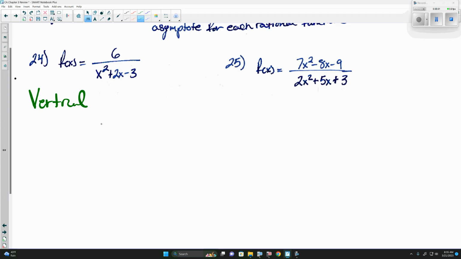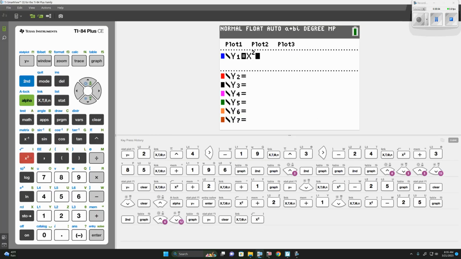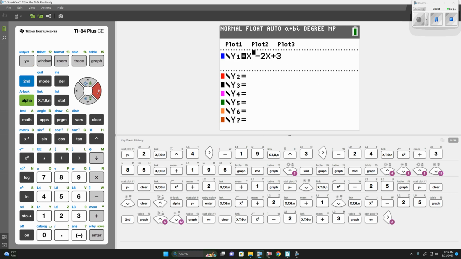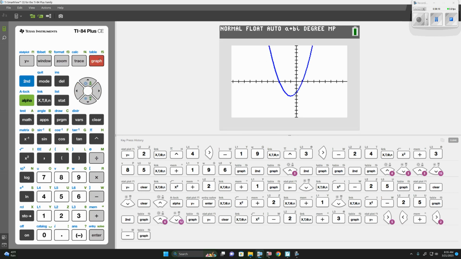X squared plus 2x minus 3. X squared minus 2x plus 3. Have it flipped? Yes. It's just like, that would be very nice. Because if it was that way, we would have none. There wouldn't be one. But here, we do have two spots where it is 0.